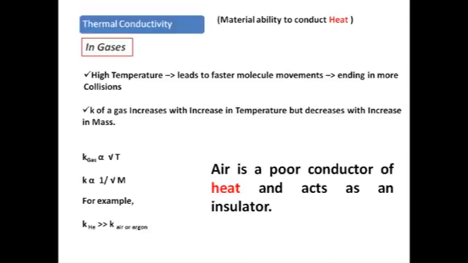Instead of covering with a single blanket of large thickness in winter to protect yourself from cold, if you cover yourself with 2 layers of thin blankets, it offers more resistance because between the 2 layers, the trapped air acts as an insulator and it arrests the rate of heat transfer.